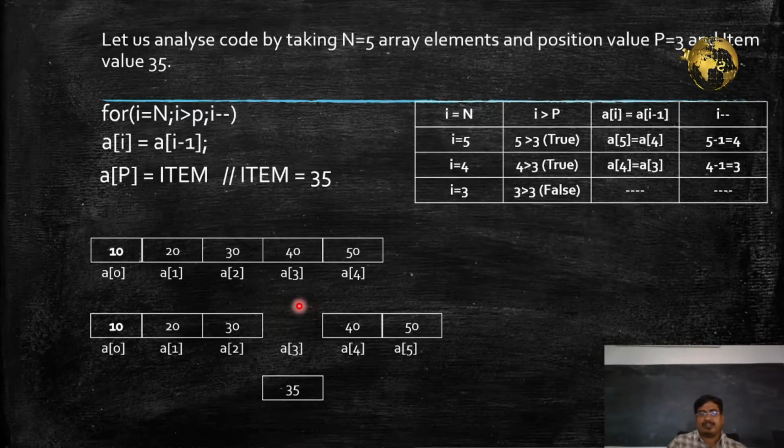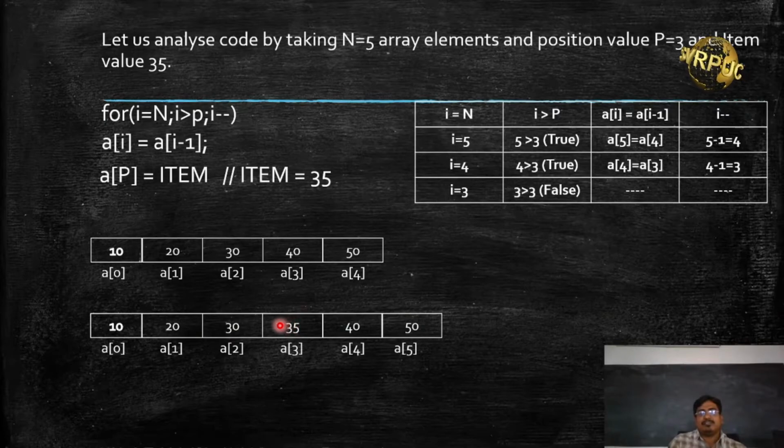Now we will enter item at a[3]. My 35 came and joined at the a[3] position. So this is the insertion of an element at a given position. Then n = n + 1, as I already told, I should increase the value of n because earlier my n size was 5. Once I inserted a new element, my n size became 6.